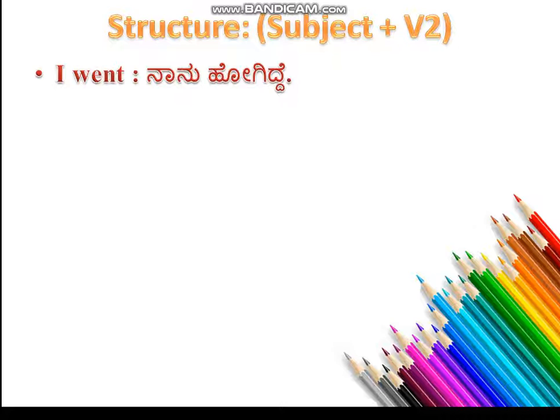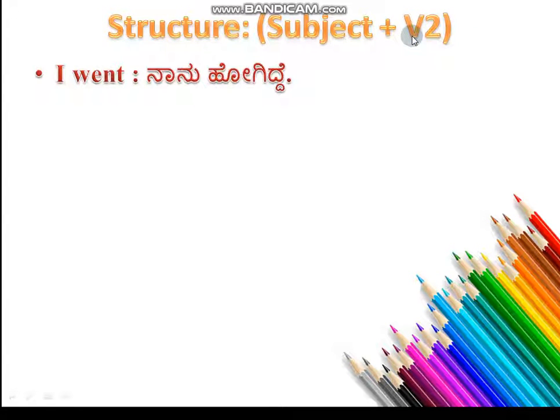Two types of main verbs we used in simple present. But here in the simple past, you don't need to emphasize the subject, whether it is singular or plural, third person or first person. You don't need to worry about the subjects. Whatever the subject may be, you use only V2 form.